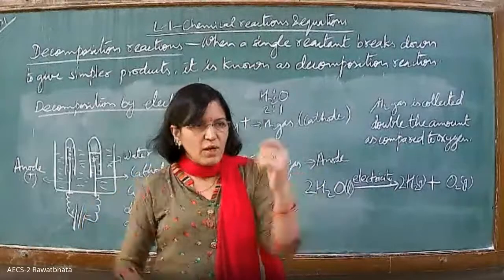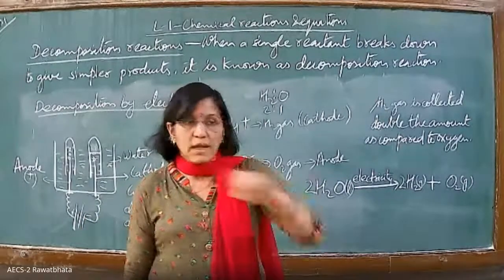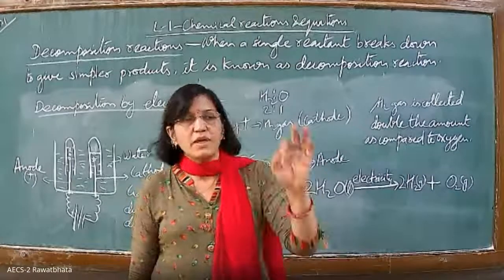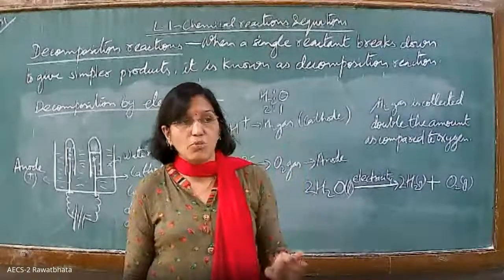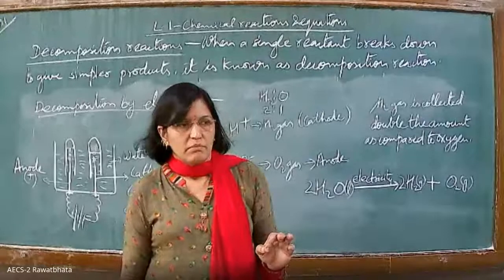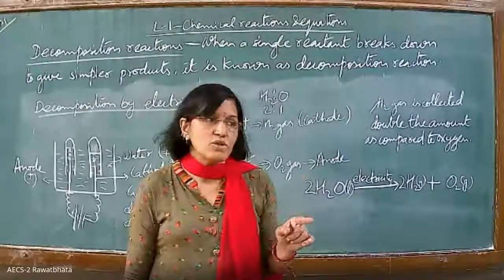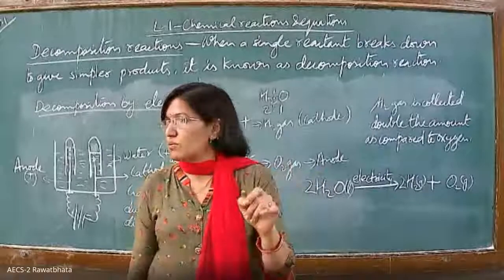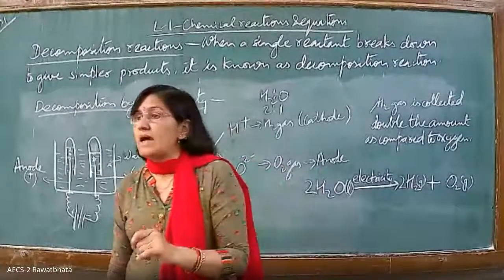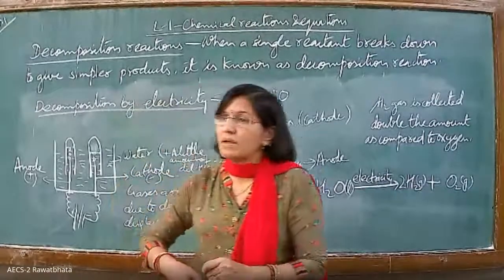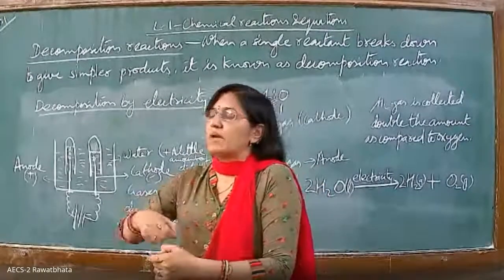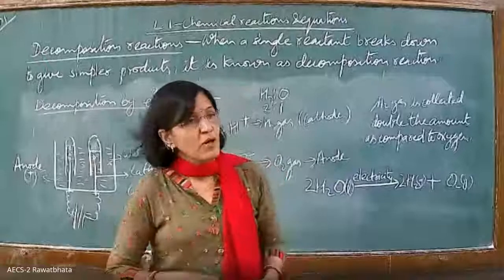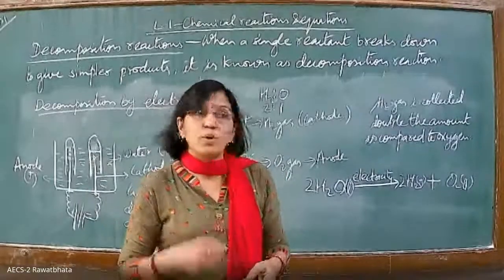One of the gases, because it is colorless, you don't know which gas is where, will burn with a pop sound. That has to be hydrogen. Identification marker: it is going to burn with a pop sound. And the other gas is going to make the splinter burn more vigorously. That has to be oxygen, because oxygen is a supporter of combustion.